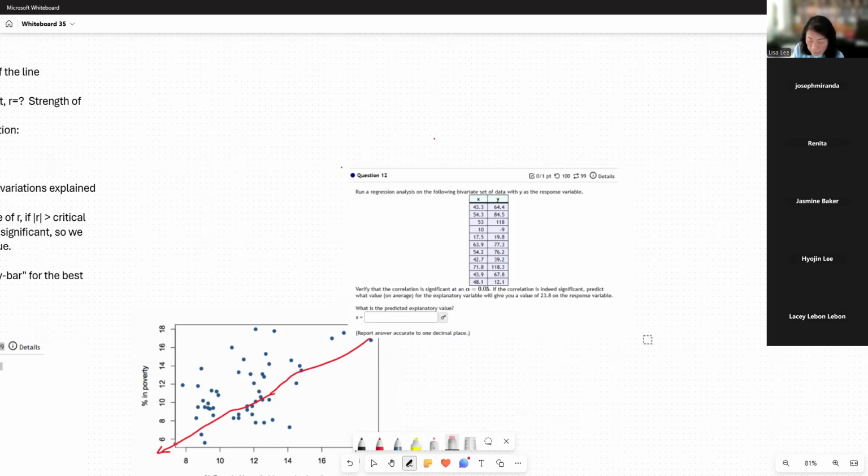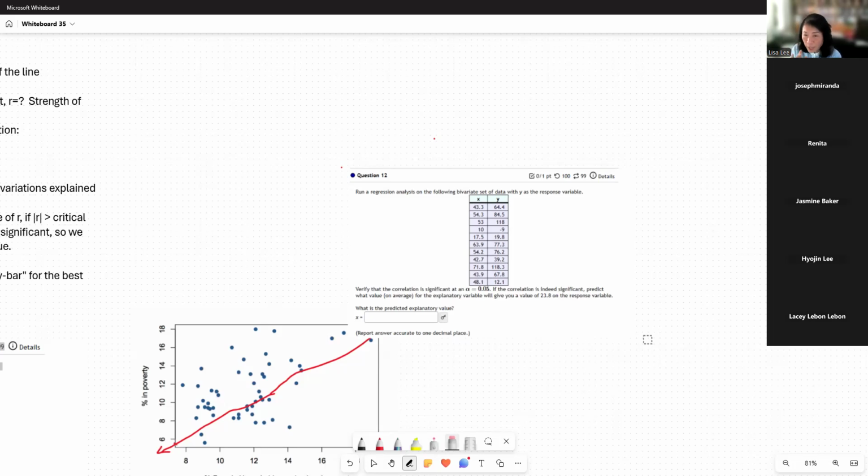Then 18.8, enter. Then 77.3, 76.2, 39.2, 118.3, 67.8, 12.1, enter. Okay, I finished all.